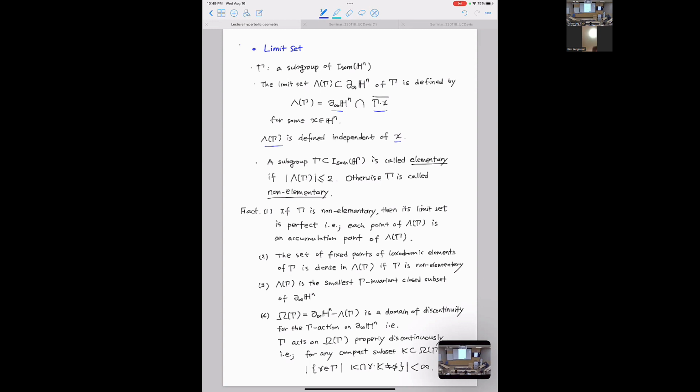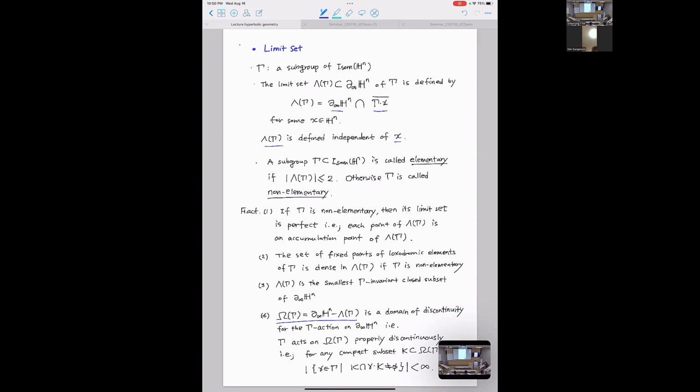And the complement of the limit set in the boundary of hyperbolic space, we call omega gamma. This is the domain of discontinuity for the gamma action on the boundary of hyperbolic space. That means that if gamma acts properly discontinuously on the hyperbolic space, then gamma also acts properly discontinuously on some domain in the boundary.